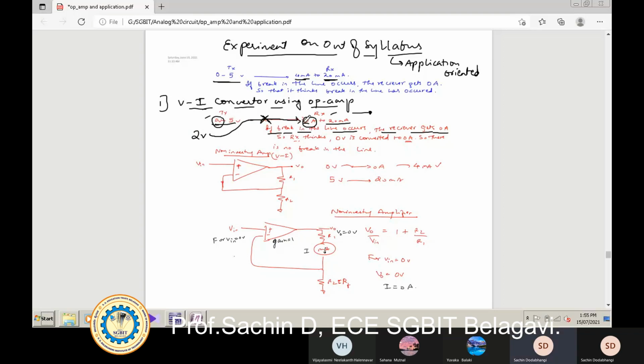For 2 volt he was supposed to receive, for example, 10 milliampere, but due to line breakage he is receiving 0 milliampere, because there is no current.